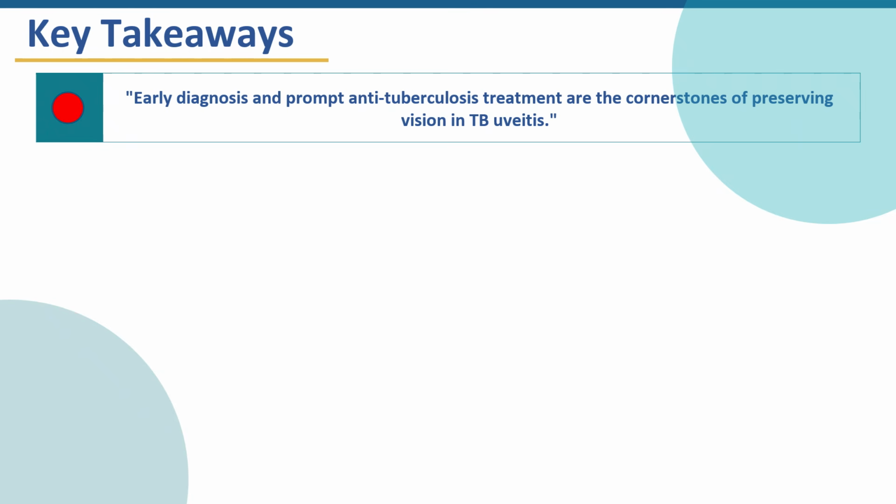So never underestimate tuberculosis as a cause of uveitis, particularly in endemic regions. And when you have a patient with atypical recurrent inflammatory disease, keep it in your mind, because early diagnosis and timely anti-tubercular treatment is, as I said, not only saving his vision, but also improving the quality of life of this patient.